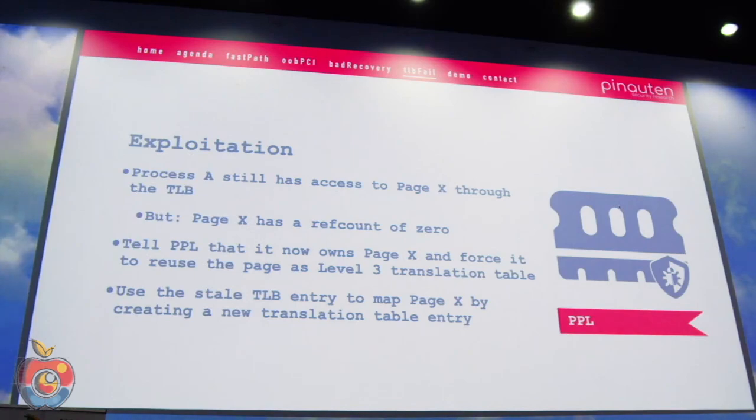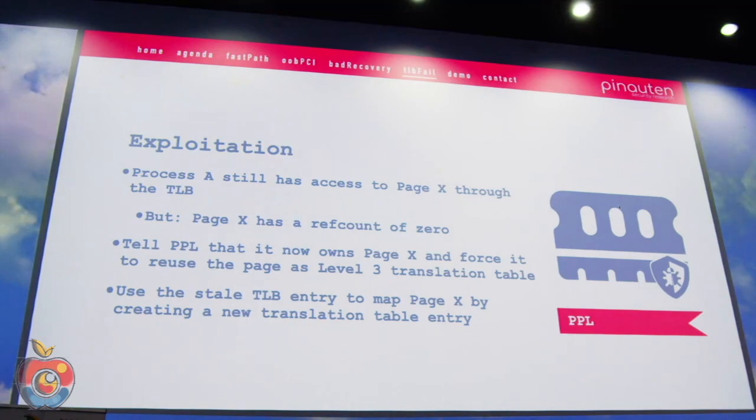What we can do now is tell PPL that this page X is now owned by PPL. The PPL can't take arbitrary memory, so the kernel actually has to grant memory to the PPL.